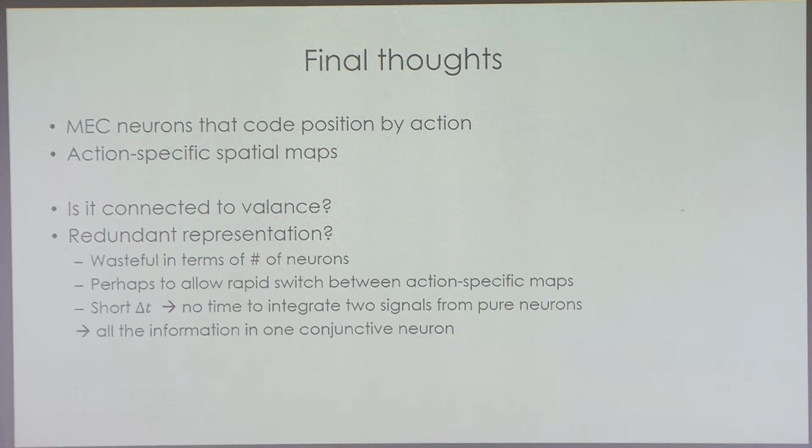What we think is something along the lines of, it is wasteful in terms of number of neurons, but perhaps if we want to do a rapid shift between different action maps, we want to act in short delta t's. So we don't really have time to integrate two signals from pure neurons. So perhaps if you want to move quickly, you want all the information to be in one conjunctive neuron. But happy to hear your thoughts about this because we don't really know.